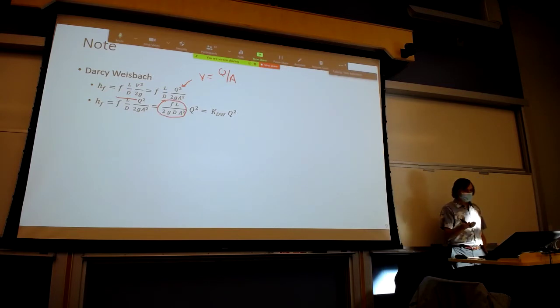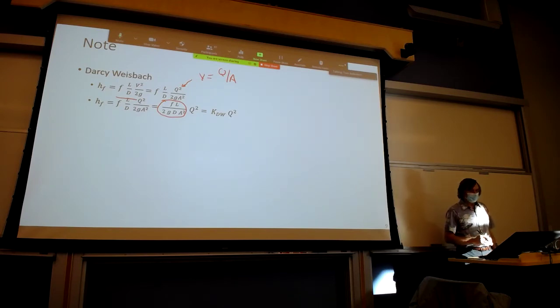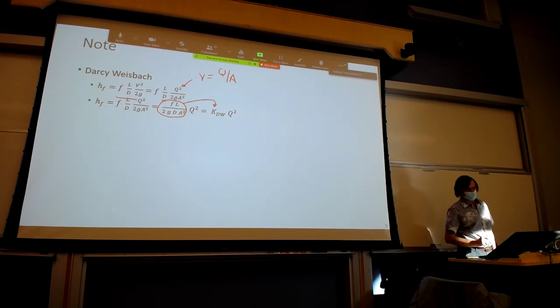So the Darcy-Weisbach friction factor f times the distance between the two points of analysis, L, divided by 2g times pipe diameter times cross-sectional area squared, times Q squared. That fL over 2gdA squared is just a coefficient. Let's call it the Darcy-Weisbach coefficient.